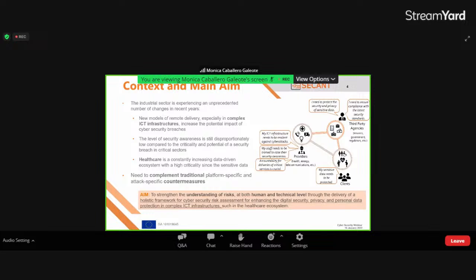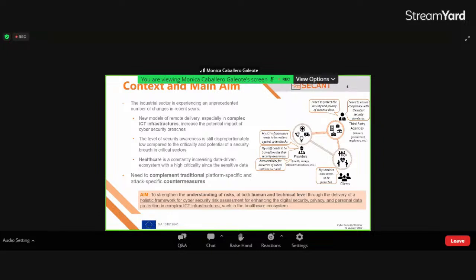SECAN thinks there is a need to complement the traditional platforms and countermeasures the industry has developed to deal with attacks. We need to understand the risk better, as I said, both at the human and technical level.